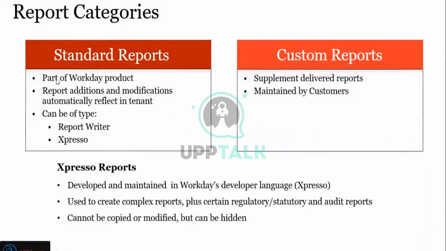As I mentioned, this is part of your Workday reporting inventory. Now these reports can be of two types. We have a report writer, and then we have Espresso. We have two types of reports.